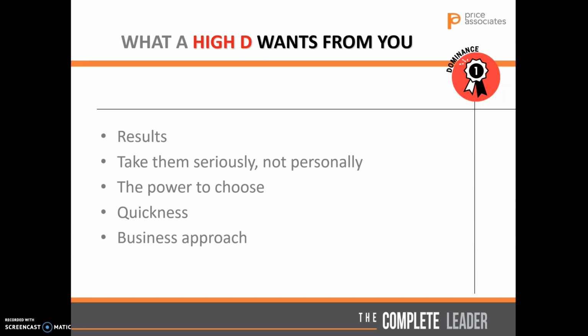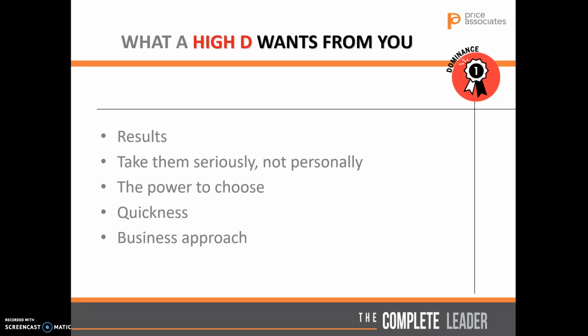They also really appreciate the power to be able to choose. They would rather have some control than being told what to do. And we mentioned the fast pace, so they like things to be quick and move from one thing to the next. And they appreciate that business approach. Those are some things to keep in the back of your mind as you're thinking about communicating with someone who's a high D.